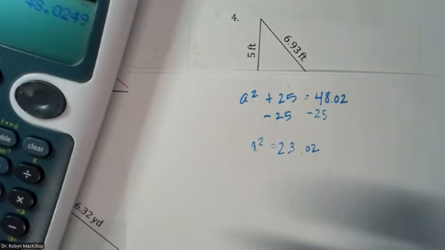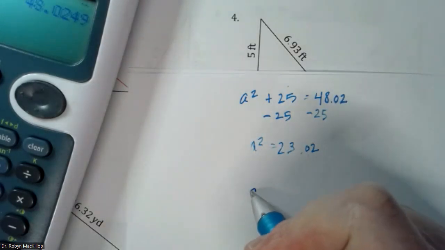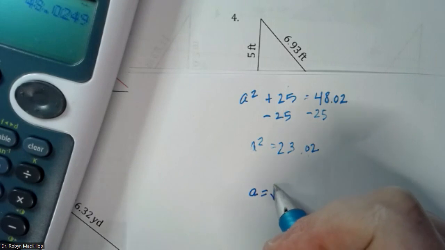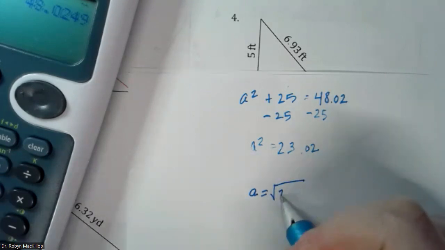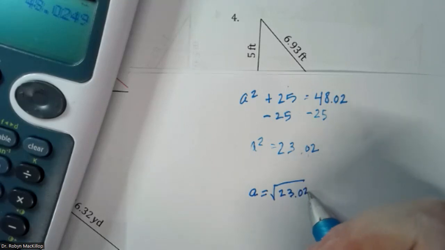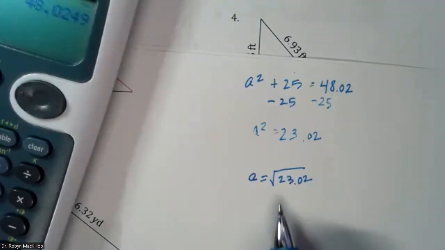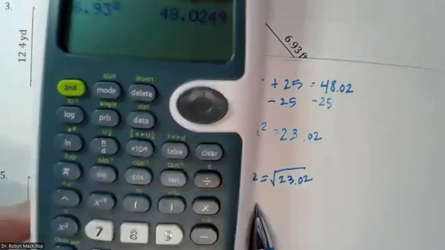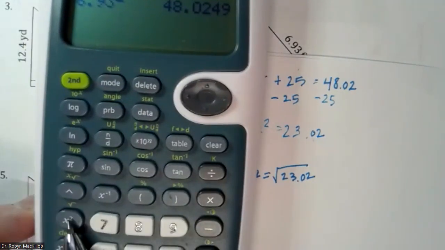That means A is going to equal the square root of 23.02. That's what we need to punch into the calculator in order to find A. And again, that button is right next to the 7 up above.